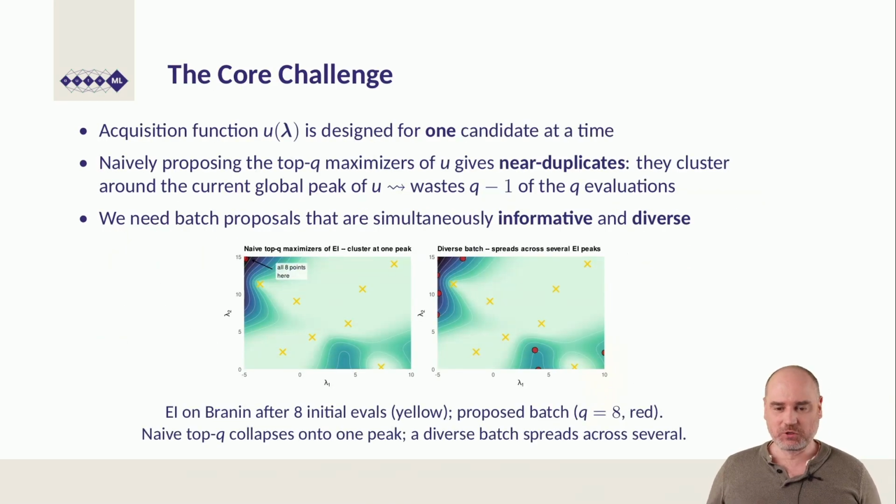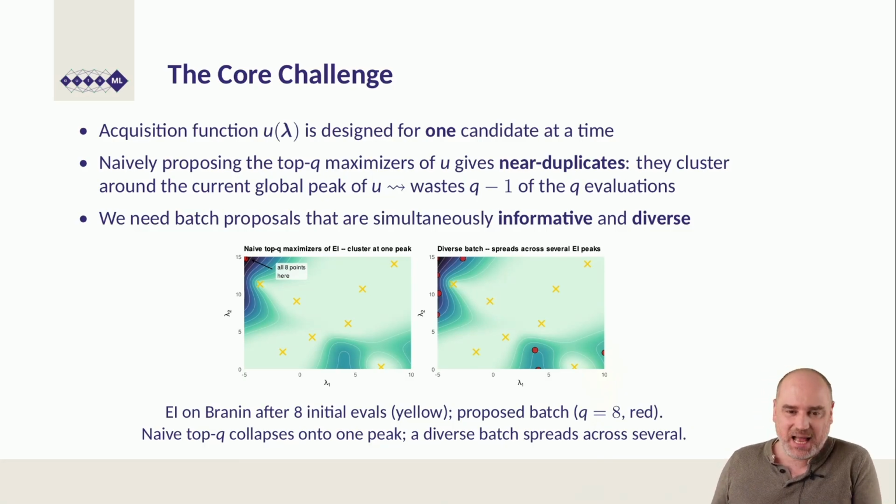Okay. So what is the core challenge behind batch parallelization in BO? As I've already said, the acquisition functions of the types that I've discussed until now are designed for placing one candidate at a time, right?